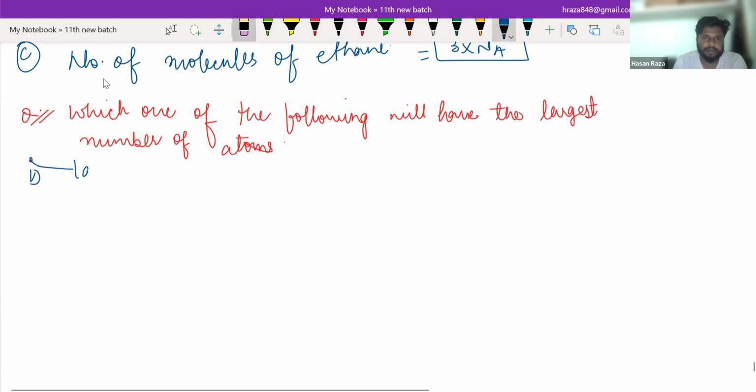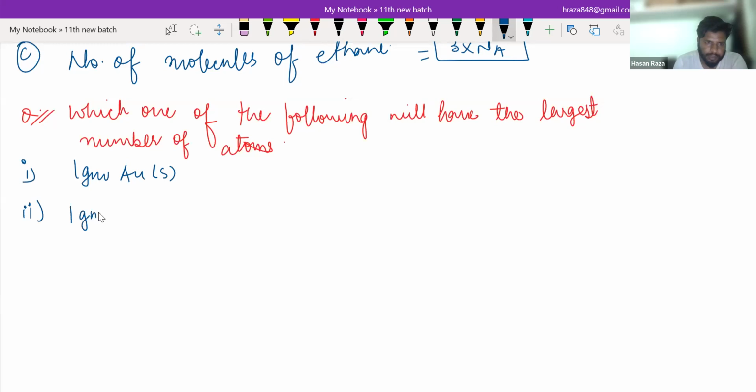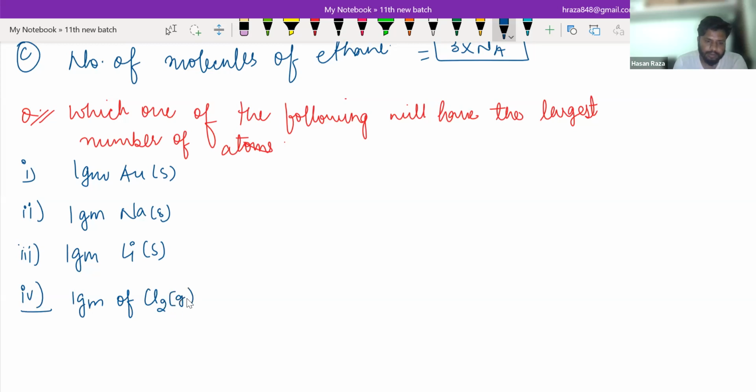One is 1 gram Au solid, second is 1 gram Na solid, third is 1 gram lithium solid, and fourth is 1 gram Cl2 gas.